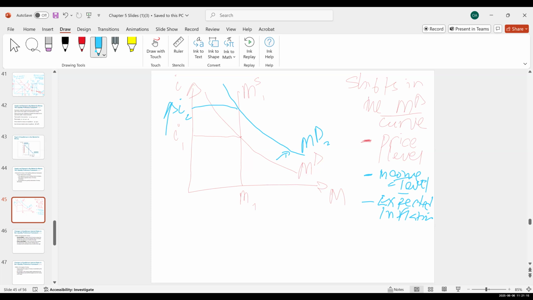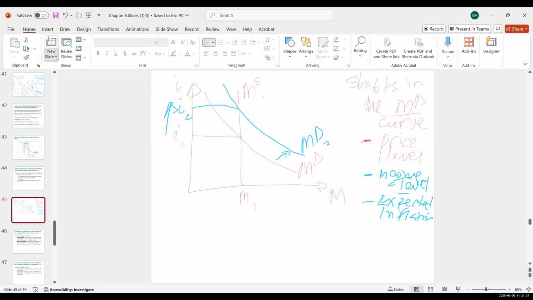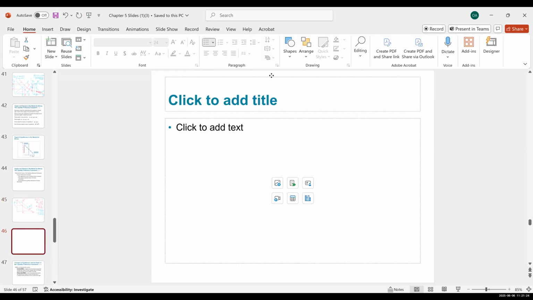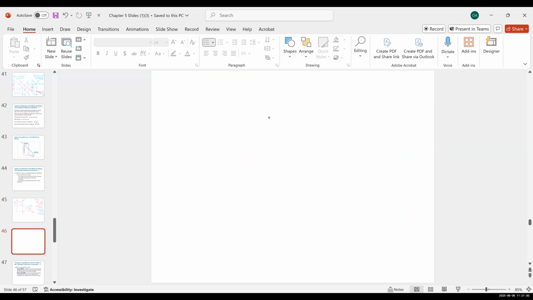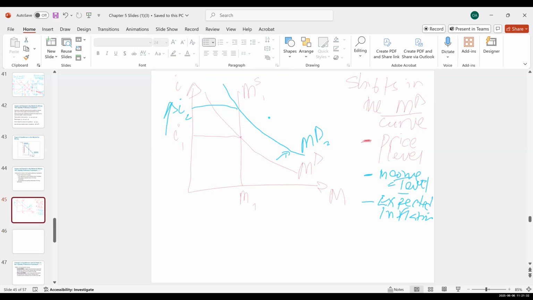So now, what I want to talk to you guys about is the Keynesian model. When John Maynard Keynes developed this model, Keynes is going to argue that all these three factors will be held constant when the Federal Reserve prints money.